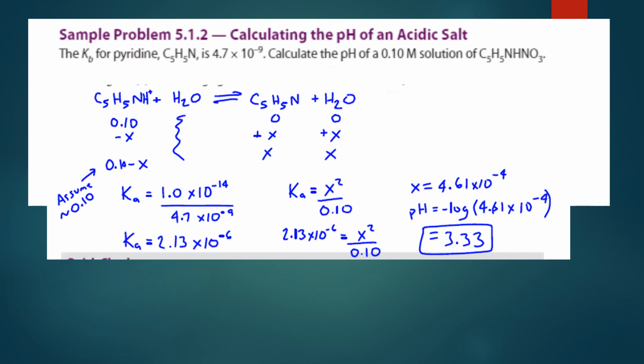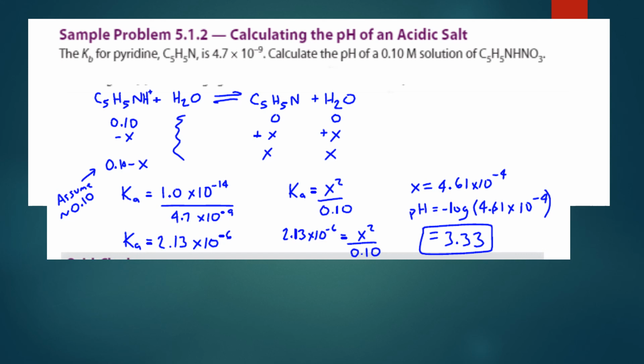My Ka equation is going to be 1 times 10 to the negative 14 divided by 4.7 times 10 to the negative 9, which were given in the question. The Ka in that situation is 2.13 times 10 to the negative 6. So when I plug that into my equation, I get 2.13 times 10 to the negative 6 is equal to x squared divided by 0.10.